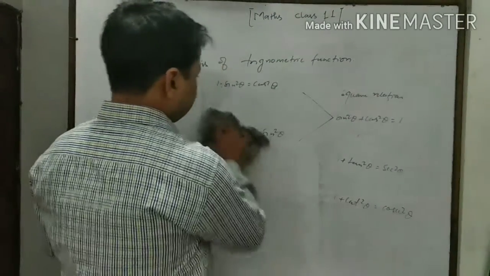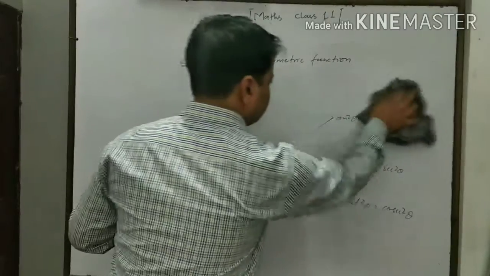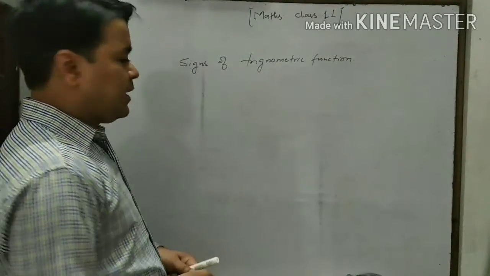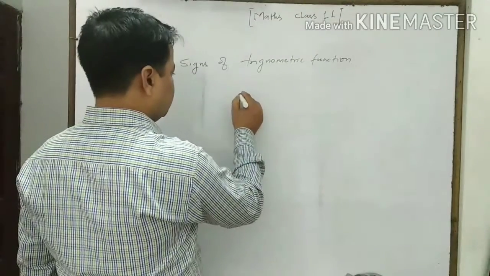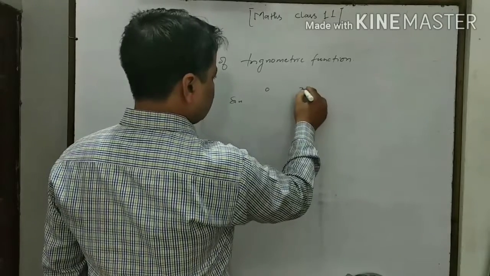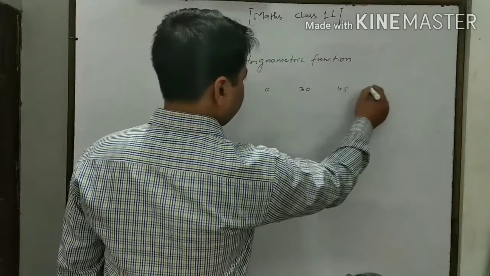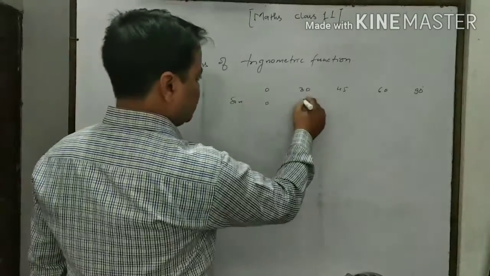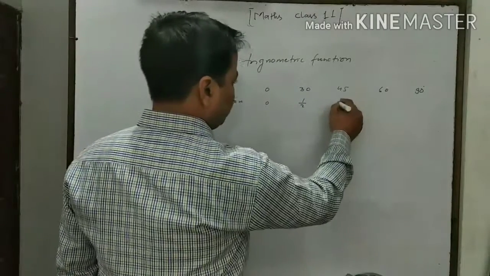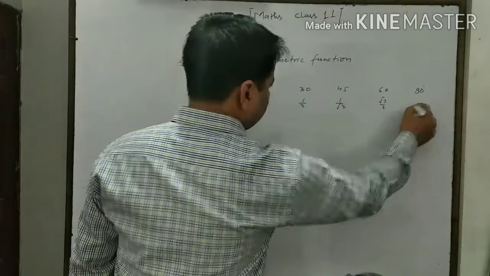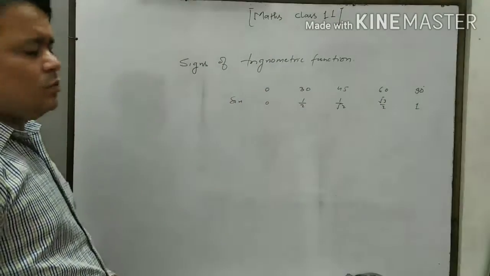One more thing, we also discussed the value of the standard angles, just like here sine 0 degree, 30 degree, 45 degree, 60 degree and 90. Sine 0 is 0, sine 30 is 1 by 2, sine 45 is 1 by root 2, sine 60 is root 3 by 2, sine 90 is 1.